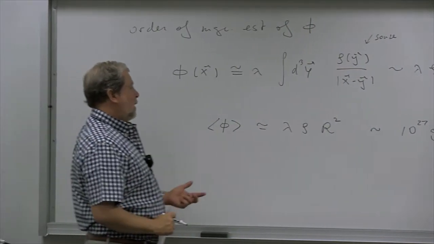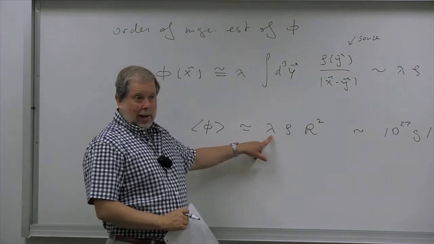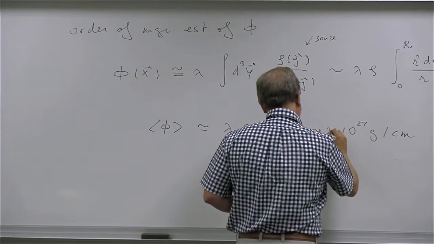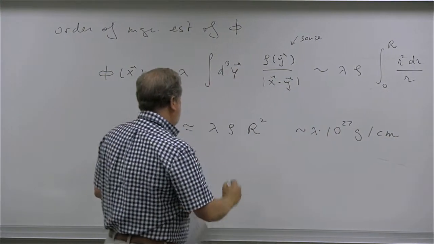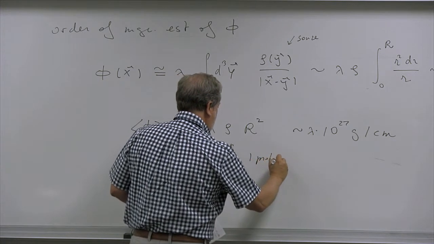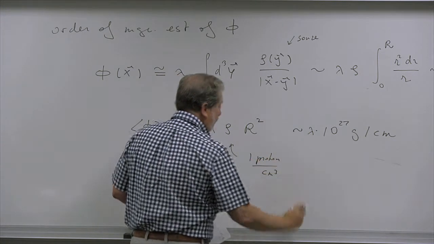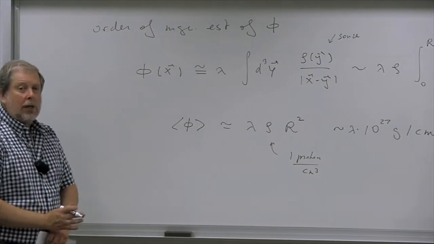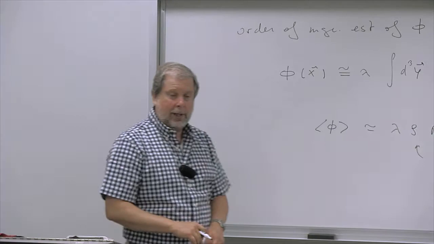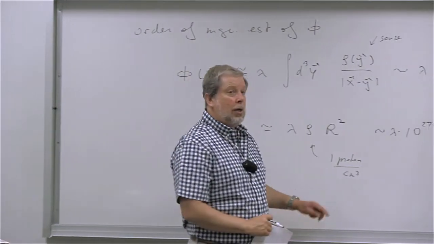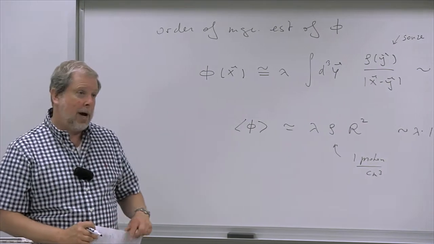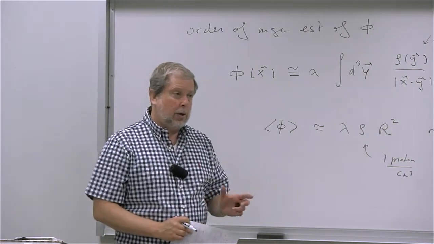Why is that? Because lambda is supposed to be of order 1. So let me write the lambda here in front again. The rho is about 1 proton per centimeter cubed. The density in the universe is known to within a few orders of magnitude, which are not particularly important at this stage. We know that the average density in the universe is roughly 1 proton mass per centimeter cubed, give or take a few orders of magnitude.